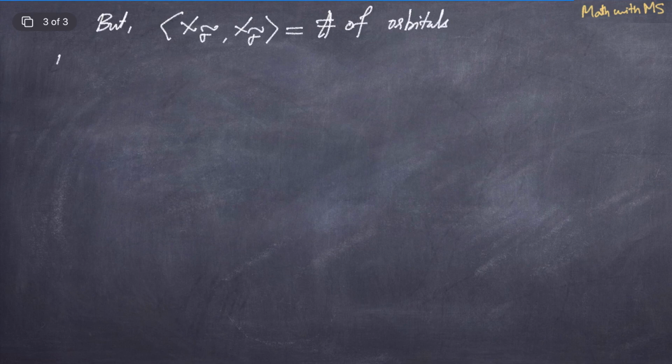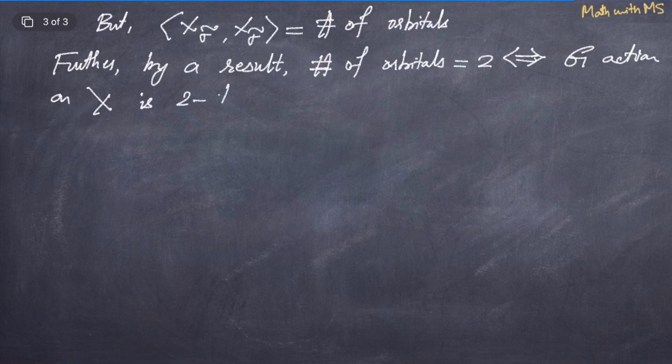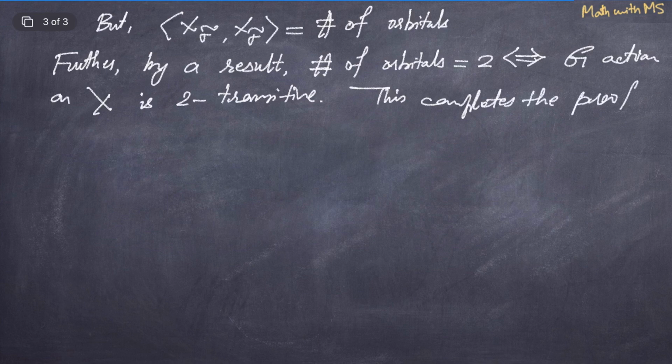Further, by a result that we proved in lecture number 9, the number of orbitals is equal to 2 if and only if the group action of G on X is 2 transitive. This completes the proof of the theorem.